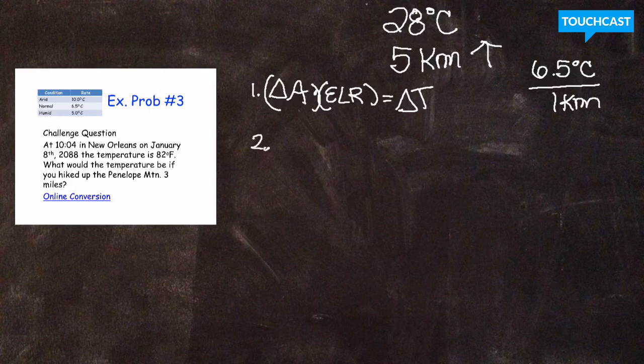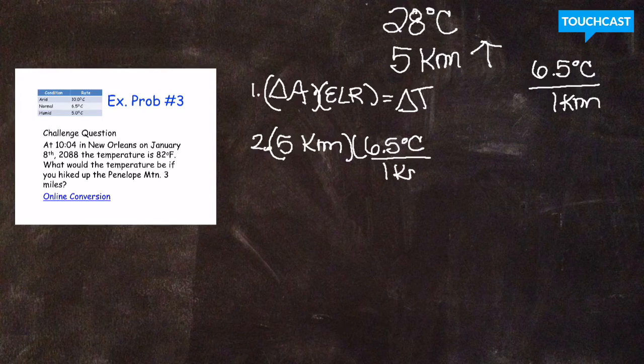So number 2, plug in everything into your equation. So we have the change in altitude is 5 kilometers times 6.5 degrees Celsius over 1 kilometer equals the change in temperature.